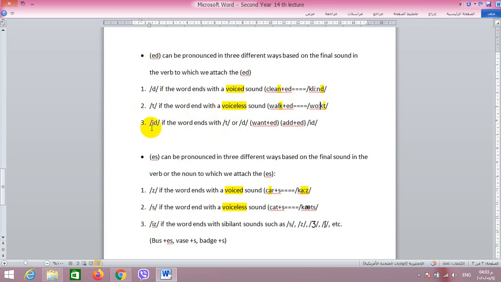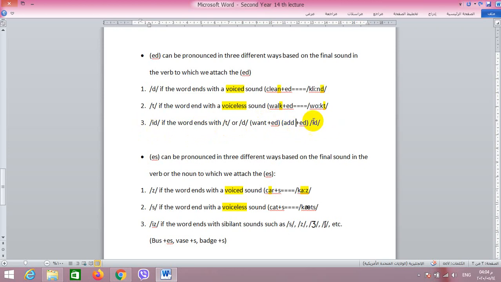And another way of pronouncing the ed is to say id, and this is when the verb ends with t or d, like the word want and the verb add. With want we say wanted, with add we say added.